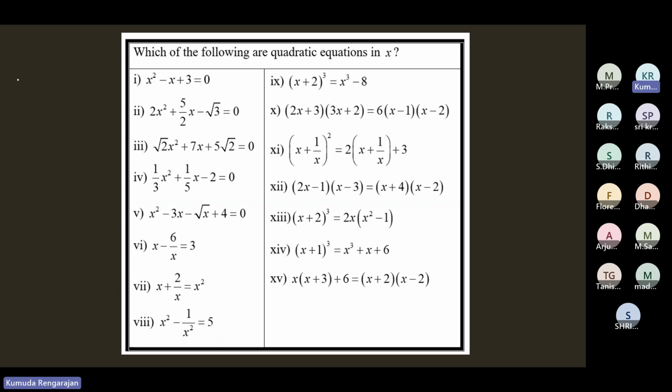So children, root 7 x squared is equal to 0 is a quadratic equation in one variable x. Minus 3 by 5 y squared is equal to 0 is a quadratic equation in one variable y.